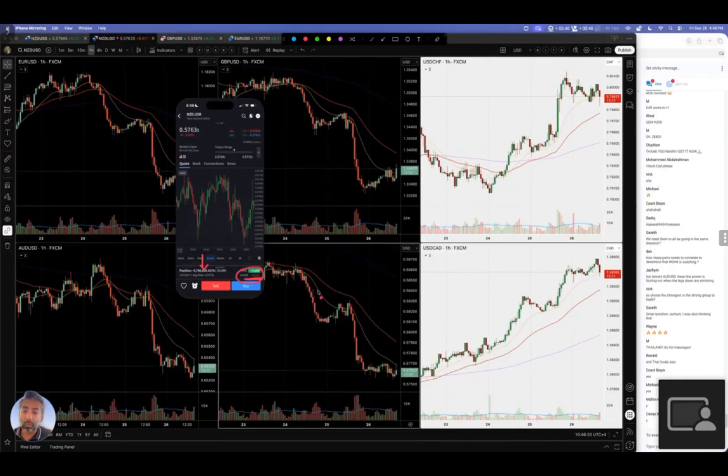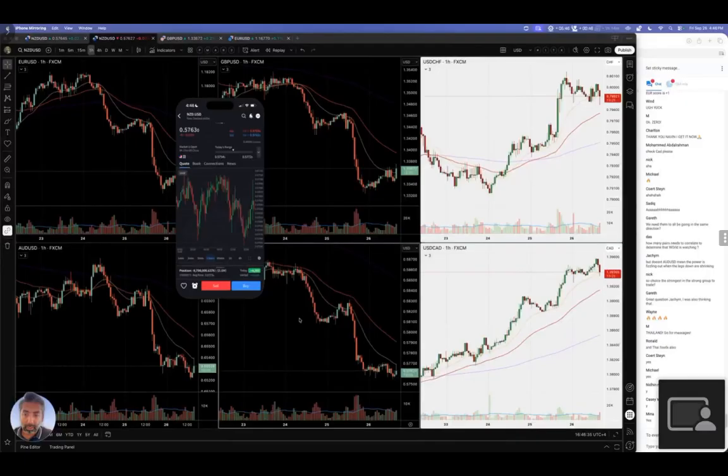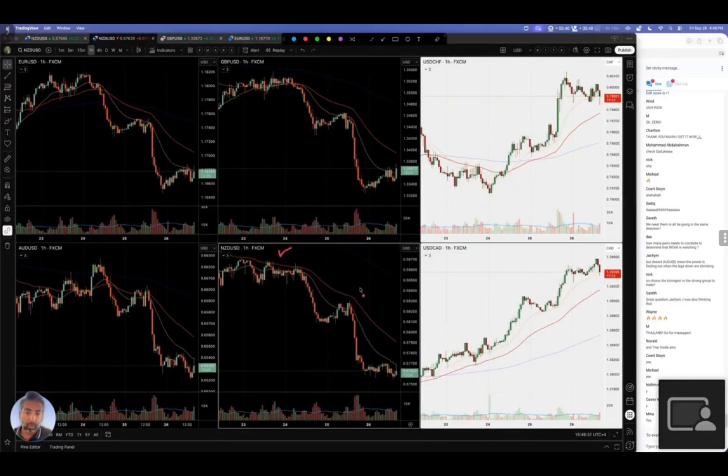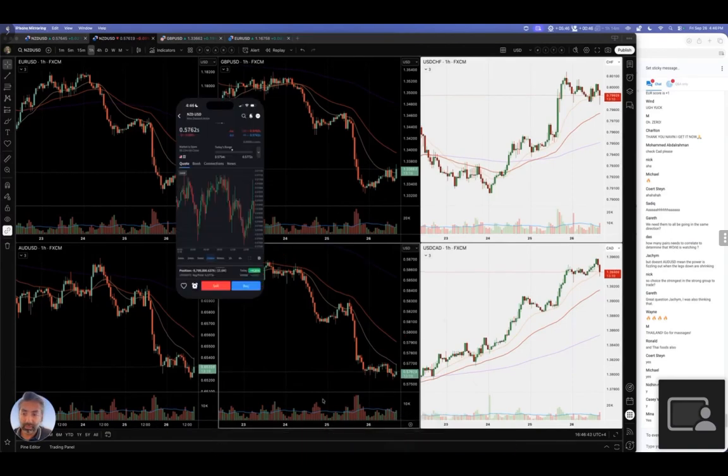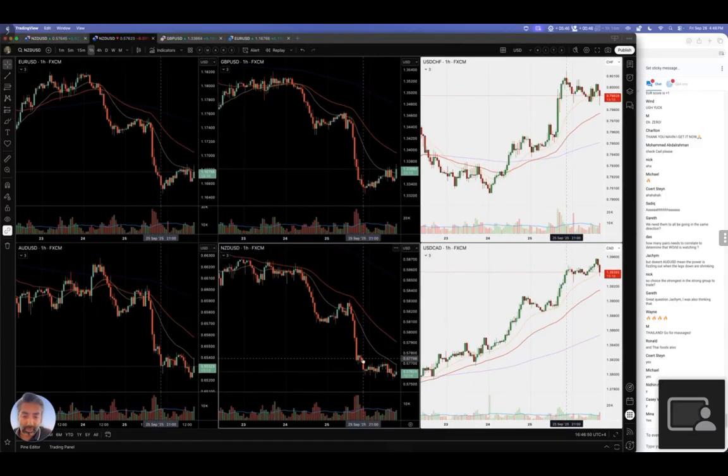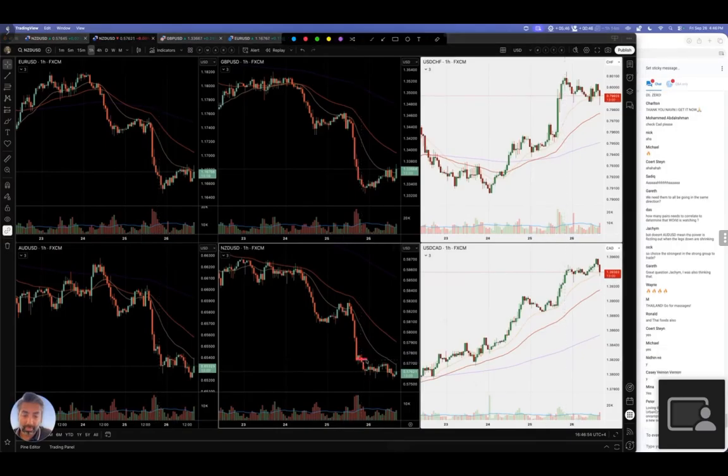So what I'm doing is I'm in this one, going in this direction. Now, notice my average price is 5773, which is here. I entered here yesterday, 5773, right there.